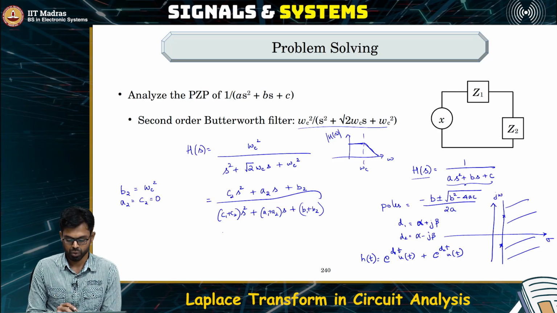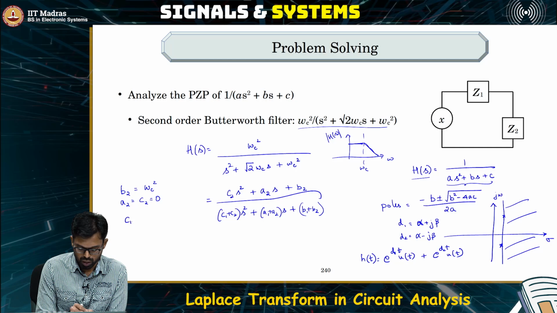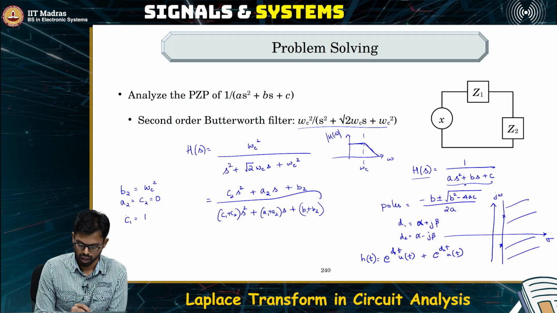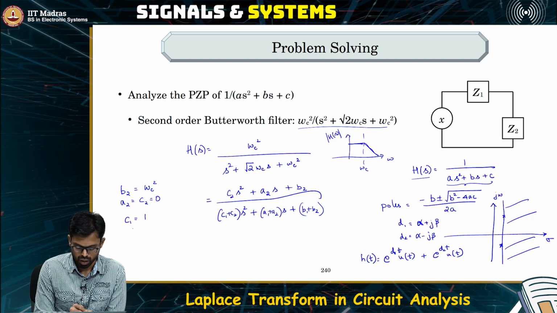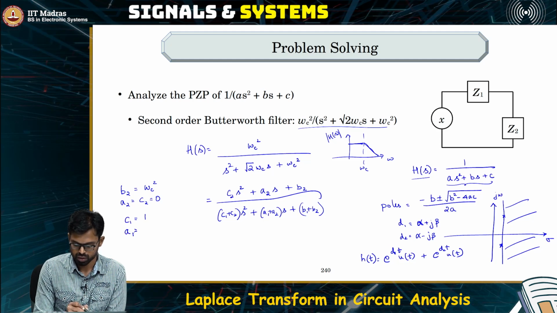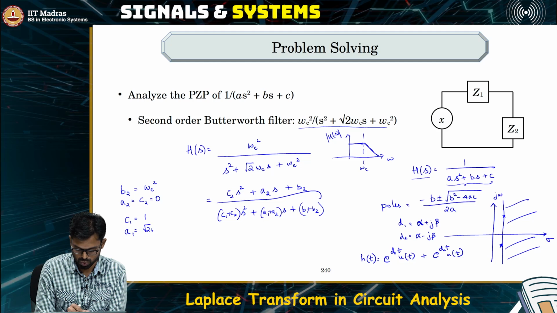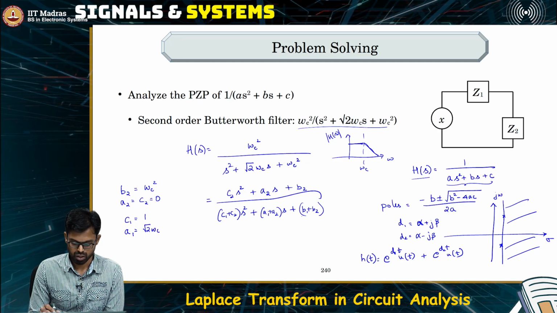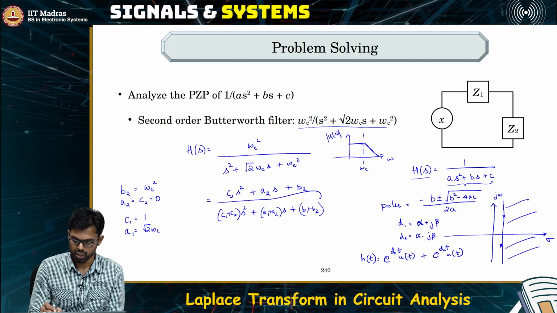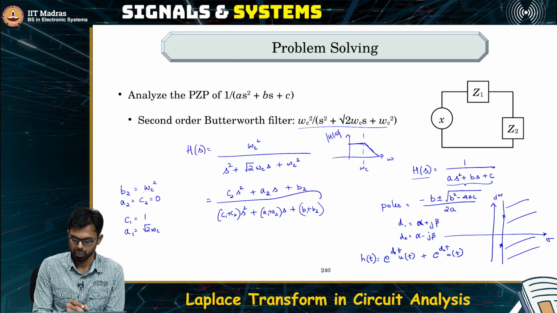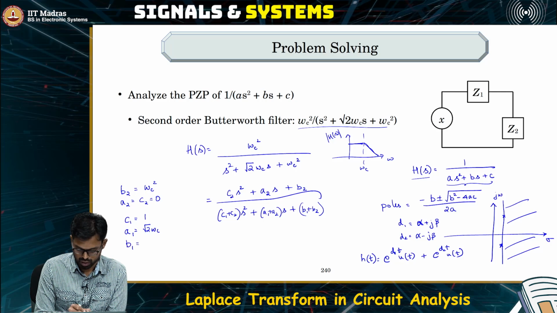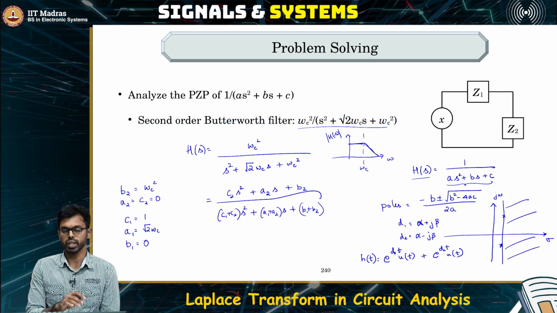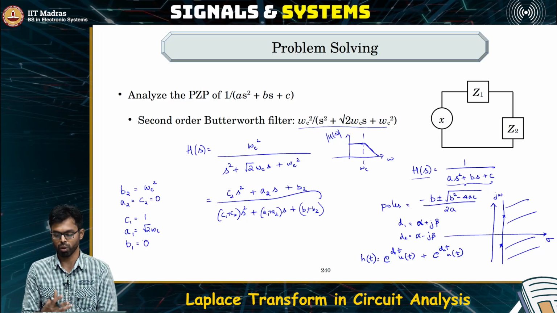From the denominator you can say that C1 is equal to 1 and A1 is equal to root 2 omega c. Once again, since B1 plus B2 is equal to omega c square, where B2 is already omega c square, you can see that B1 is equal to 0. So this is one possible choice. This is not the only possible choice, this is one possible choice.